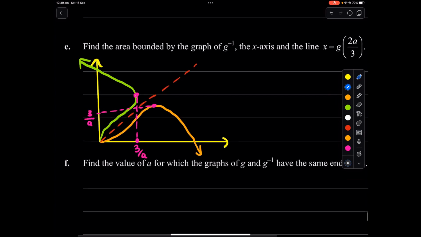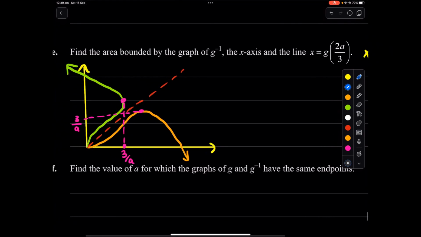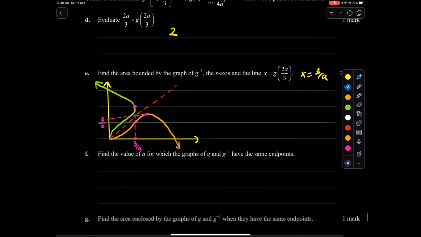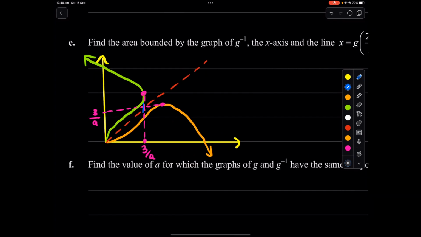We're trying to find the area of this. Find the graph of g of x, the x-axis, and the line. So we're trying to find this area over here. Alright, this is the area that we want to find.